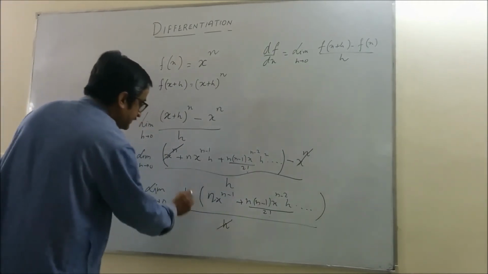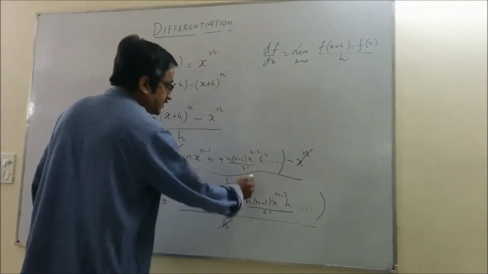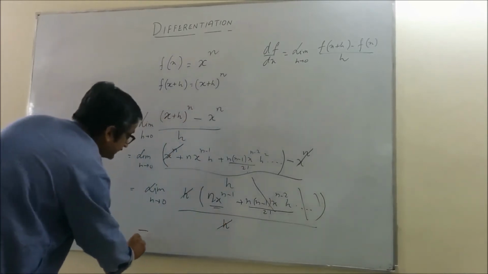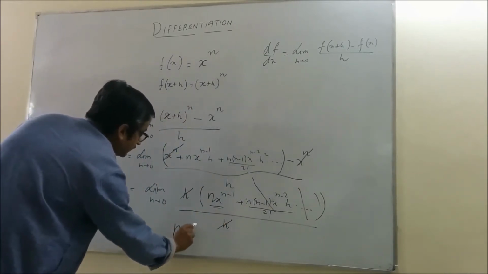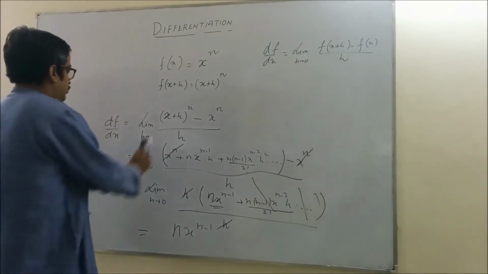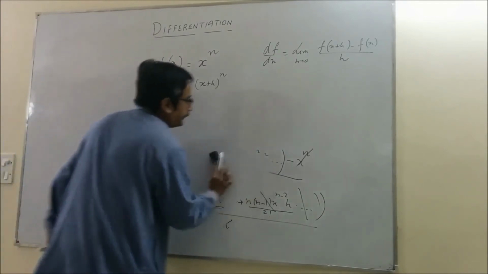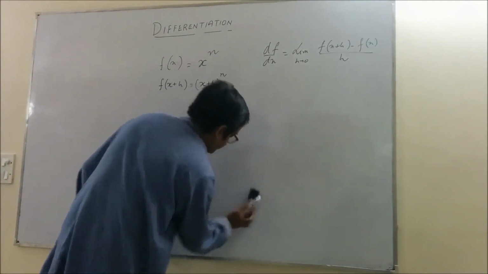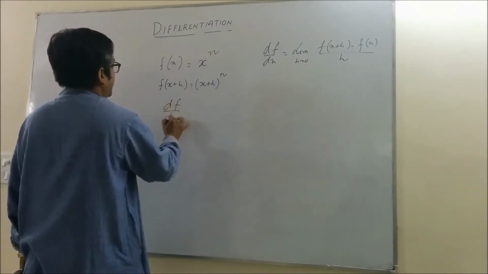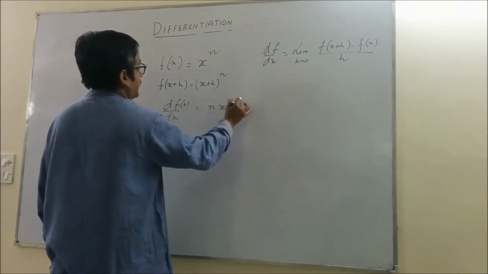I'll cancel this. Now I'll put the limit. All these terms contain h, so they will all cancel. Only this will remain, and that is nothing else but n x to the power n minus 1. So we get our first result: if this is the case, then df/dx is n x to the power n minus 1.